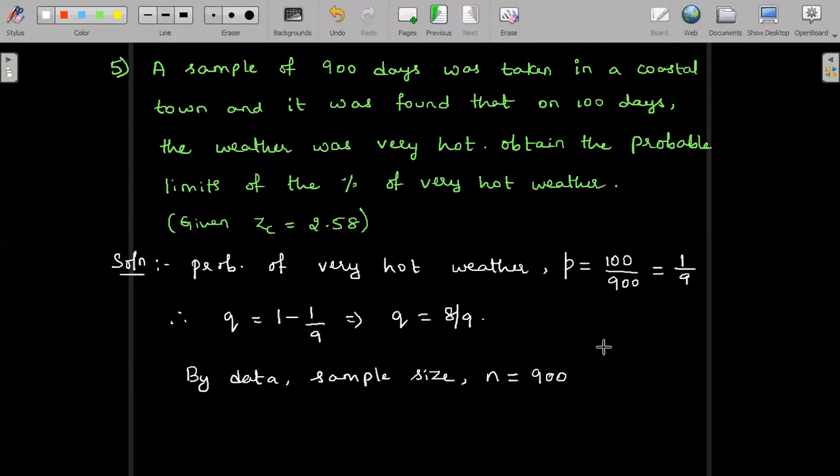So with this, we can write down the formula for probable limits.